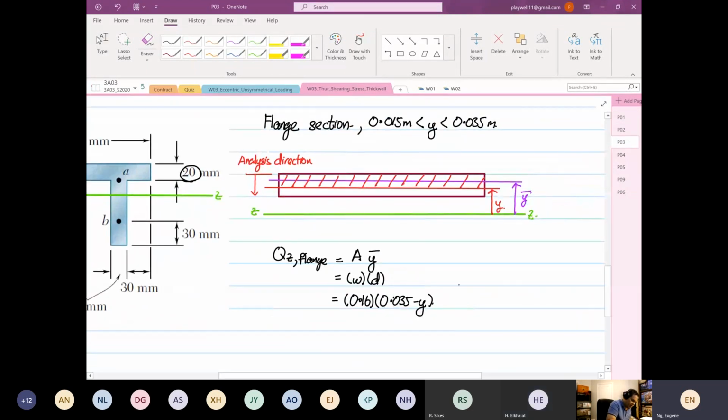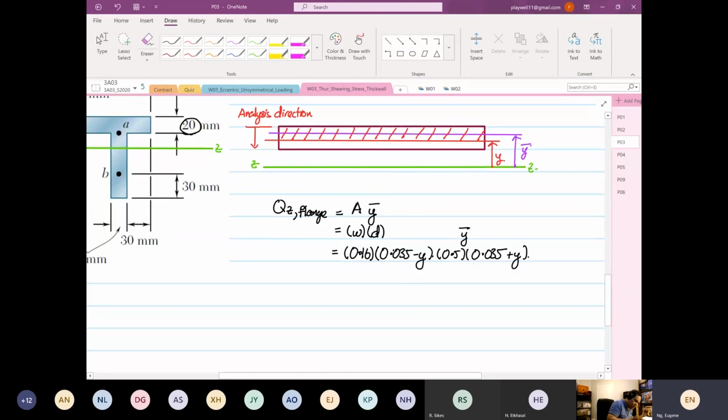Right, then the next thing is our y bar. So our y bar is equal to 0.5 multiplied by bracket 0.035 plus y. Okay, so all this looks familiar, right? It's how we derived it, yes or no? So from here, we have our expression that this is equal to 0.08 bracket 0.035 squared minus y squared.